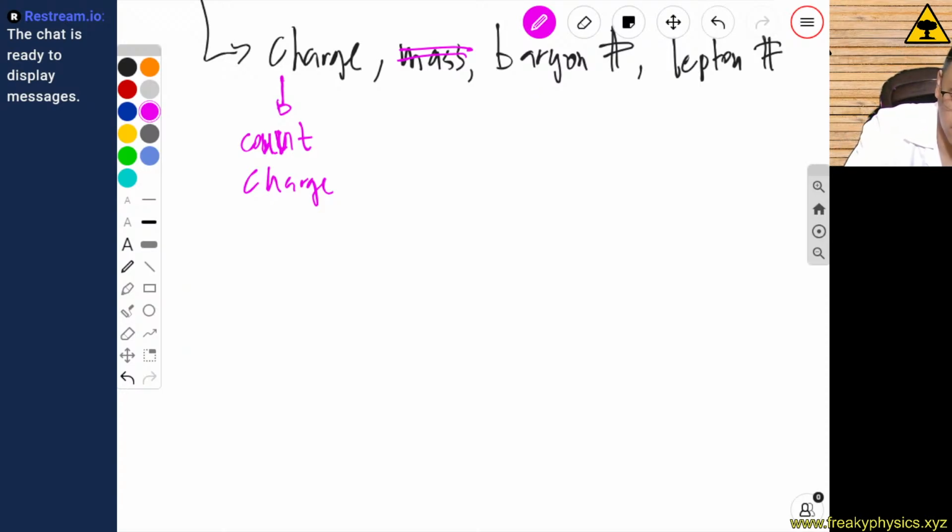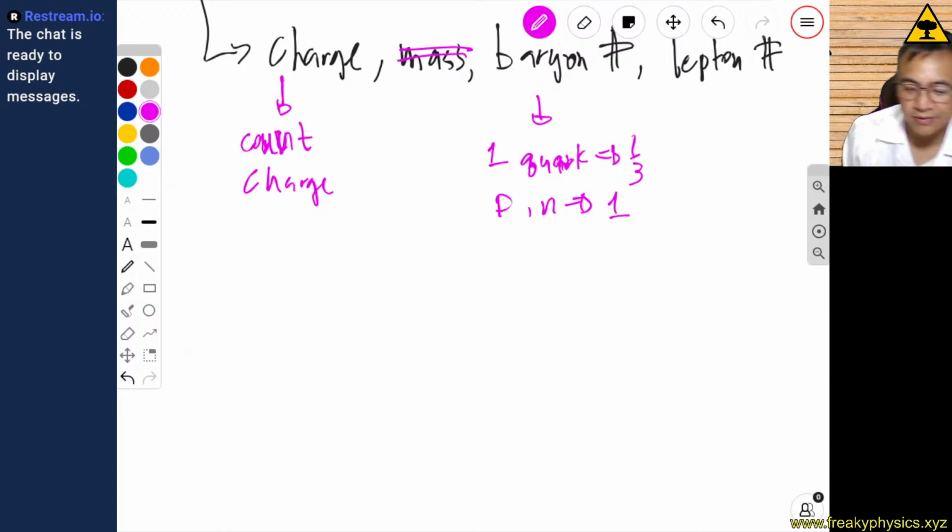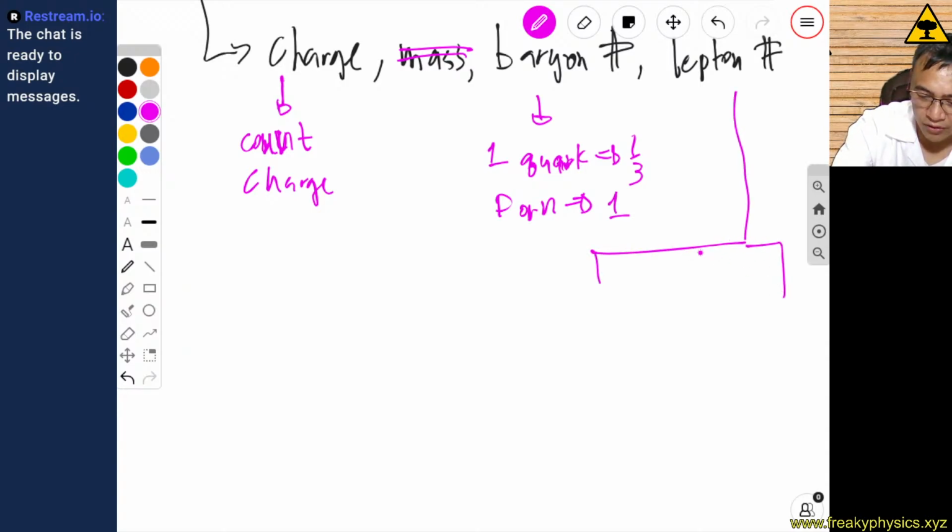For baryon numbers, one quark has a baryon number of 1/3, so a proton or a neutron would have a baryon number of 1. Now, lepton number, this is the one that I want to be a bit more complete on. There are three types of lepton numbers. We have the electron lepton number.